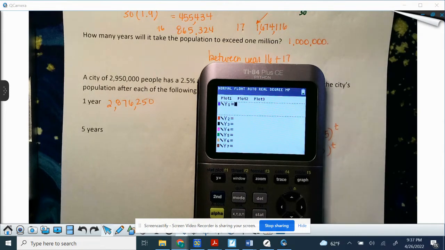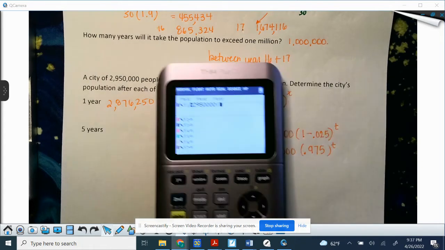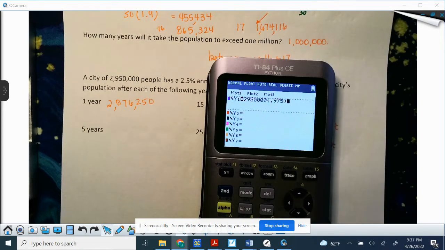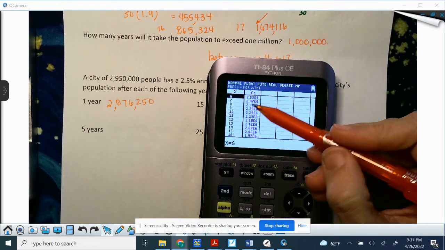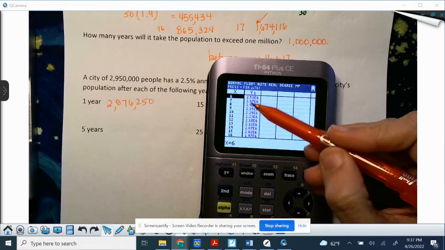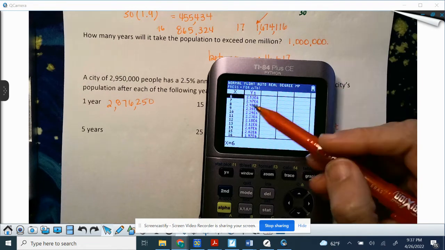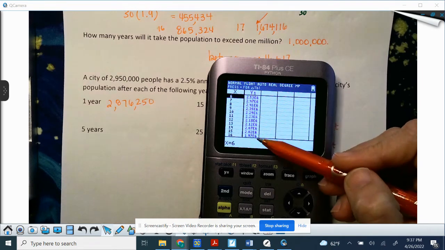So that's where we had our 2, 9, 5, and four zeros, open 0.975 to the x power. Sorry, I want to make sure I wasn't messing that up. So these e's to the 6 mean that the decimal is going to move to the right 6 times. You may not like the way this looks in your calculator if you choose to do it this way.